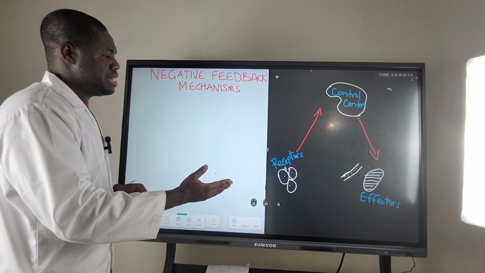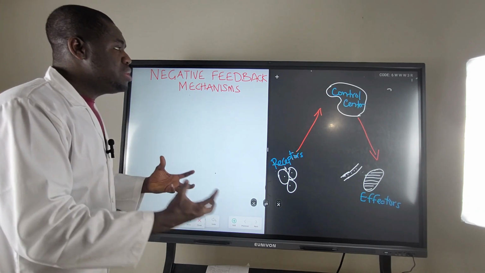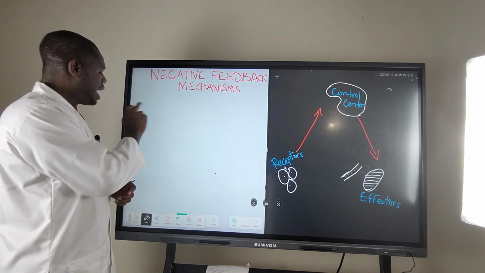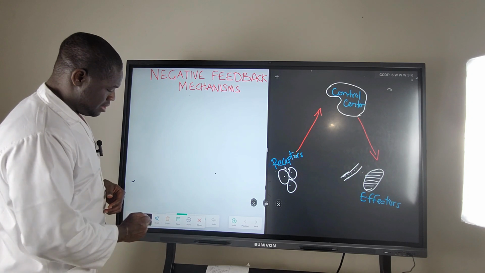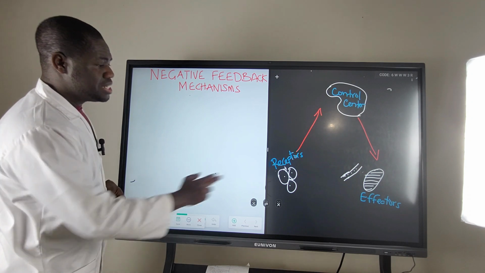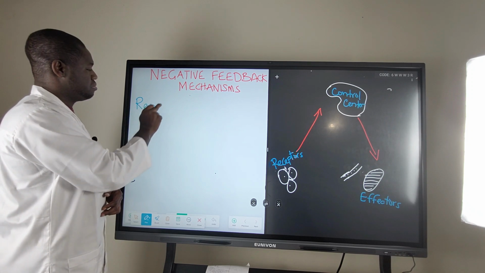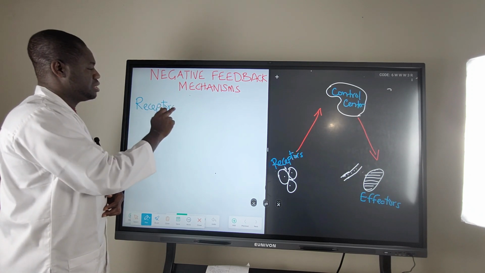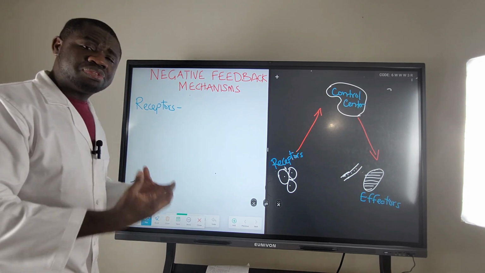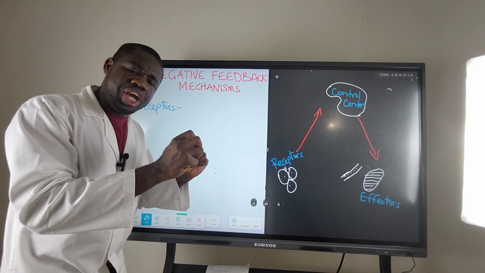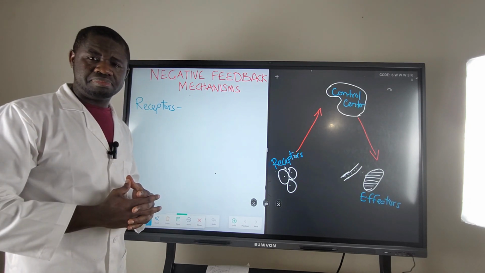Like we said, there are components of homeostatic mechanisms. We have the receptors. Like we said, receptors are spies. They detect changes in the body.